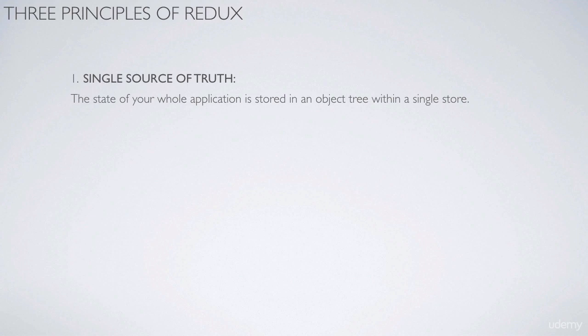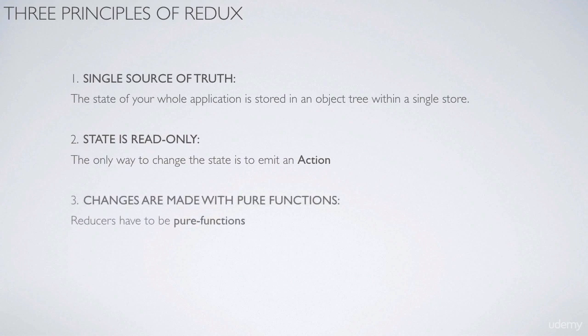Inside the state object you will have, for instance, a books array, an array for categories, you will have boolean values, strings, integers, and so on. But everything under one state object. State can change only by emitting an action. And finally, the third principle, as we said, is that reducers must be pure functions.